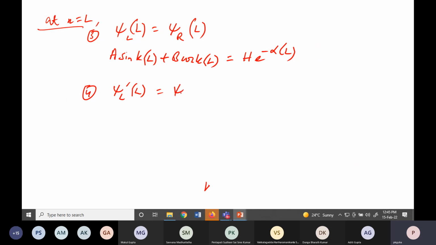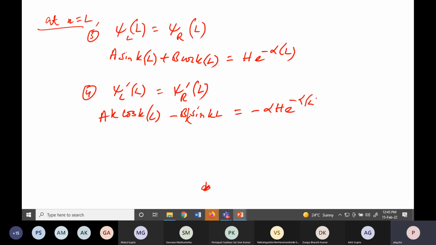You remember? del psi del x will be continuous at x equal to L. So if you take that, you will get A k cos kL minus B k sin kL equal to minus alpha H e to the power minus alpha L. Okay, so these are pretty straightforward. And then you can find the values of A, B, C and H in terms of one another. I'm just stopping it here.